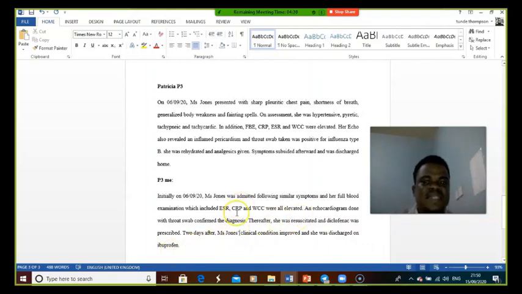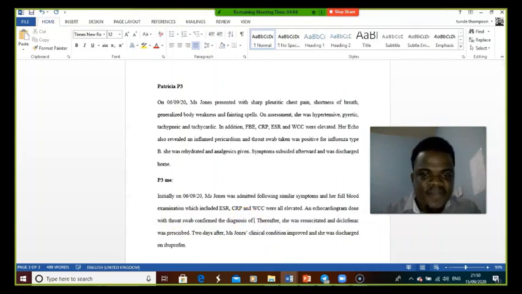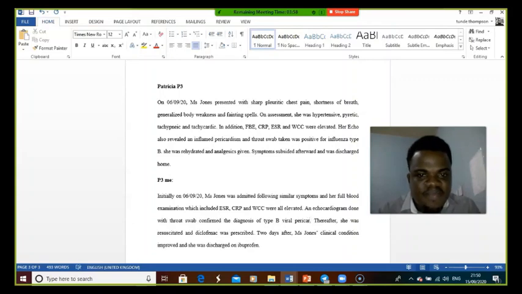Now, there's actually a mistake in this paragraph of mine. I said all this confirmed the diagnosis. Remember, the diagnosis we are working with is relapse. Yeah, it's relapse pericarditis. So this should not be referring to that. So we can say with throat swab confirm the diagnosis of type B viral pericarditis.